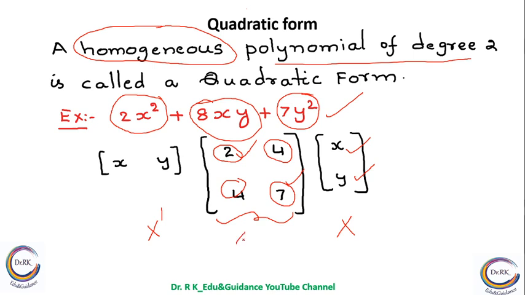Every quadratic form can be written in matrix form as x transpose Ax. One thing we can observe: this A is always a symmetric matrix. Symmetric means whenever a matrix satisfies the condition A transpose equals A, then we call it a symmetric matrix.